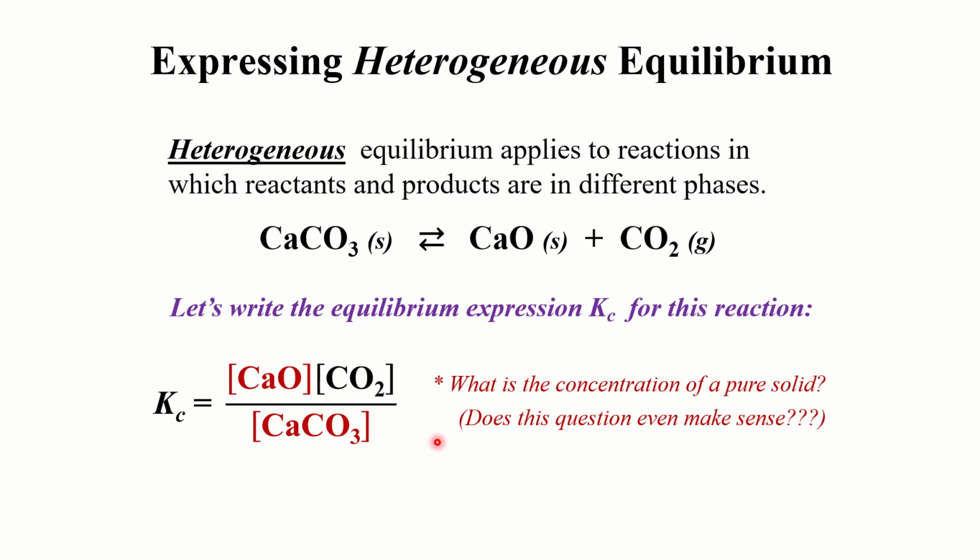Because concentrations, we typically think of something having a concentration because it doesn't occupy the full volume of the space it occupies. Like when we're talking about a gas, if you release a gas into a chamber, some amount of that volume is being occupied by the gas, so we can express that as a concentration.